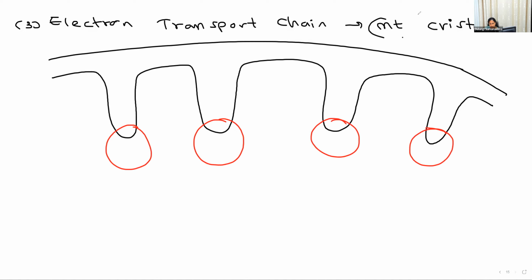So the red circles are the proteins. So you have to remember the protein as cytochromes. I'm not going to label it. Okay, leave the last one. I'm going to change it. So all the red ones, I drew cytochromes, 3 of them.